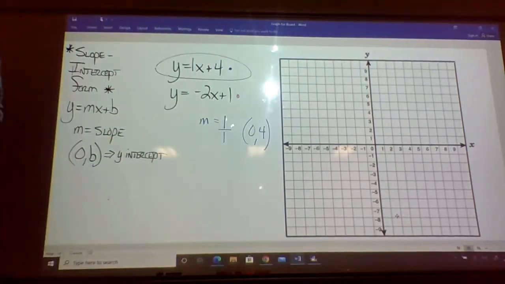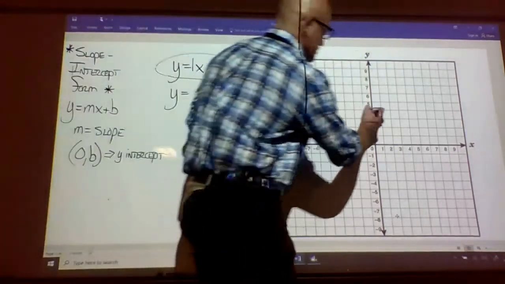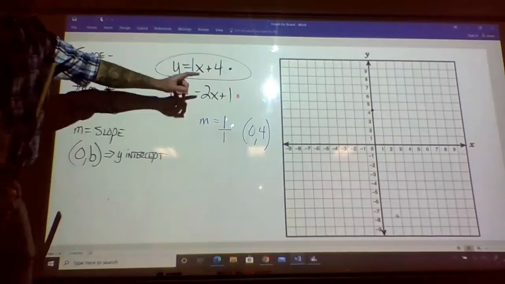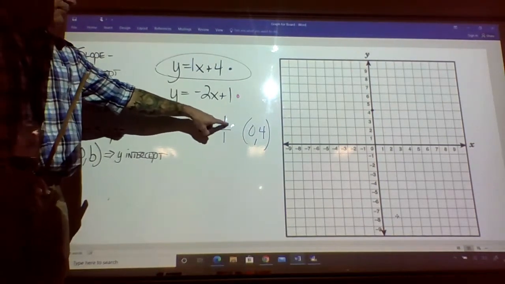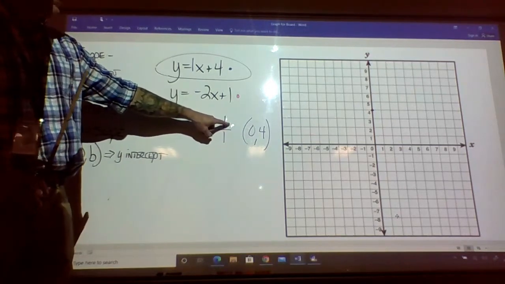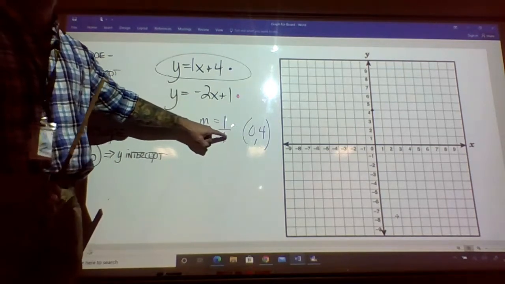To graph that, we'll plot that y-intercept, which is (0, 4), right here. We will then count our slope. Since our slope is a positive 1 over 1, we will go up 1 and right 1. This top number, the numerator, determines whether we're going up or down, and the denominator determines if we're going left or right.